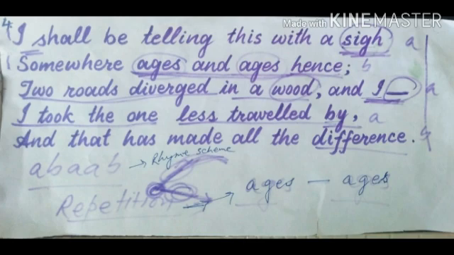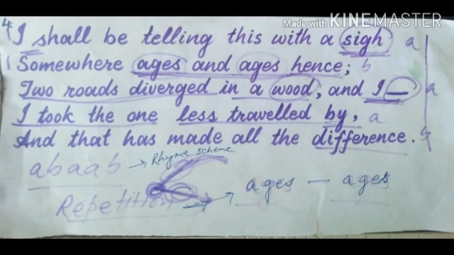All these three words give the same sound, meaning the rhythm is the same. And in the second line the word hence and the last line the word difference rhyme the same. That means their rhythm is the same. So our rhyming scheme becomes A B A A B.